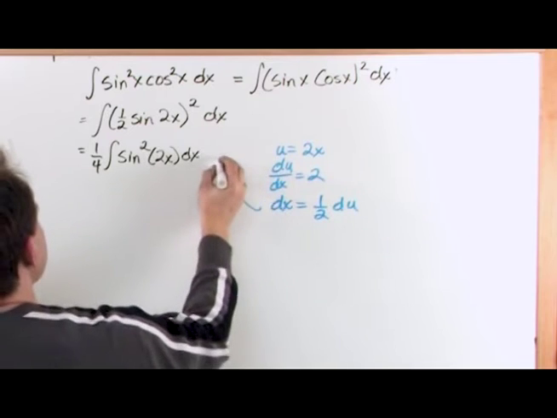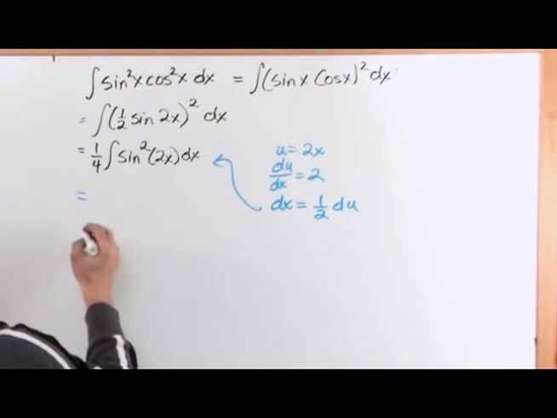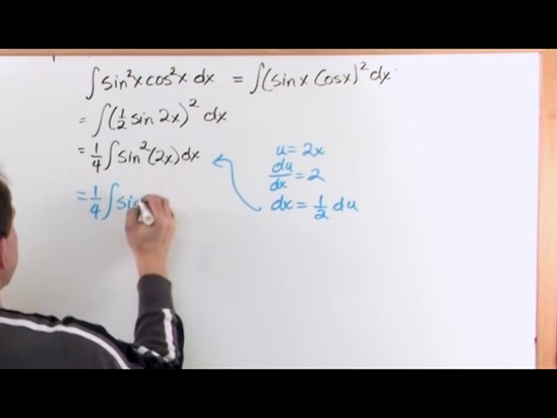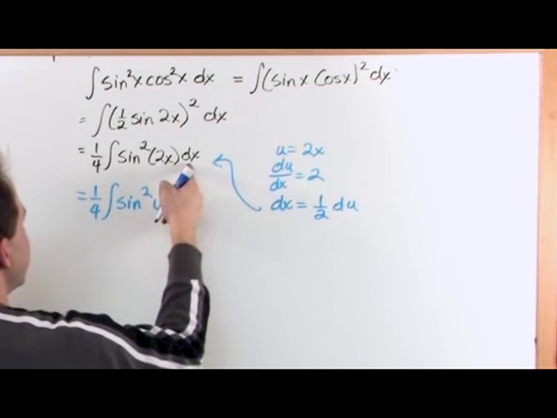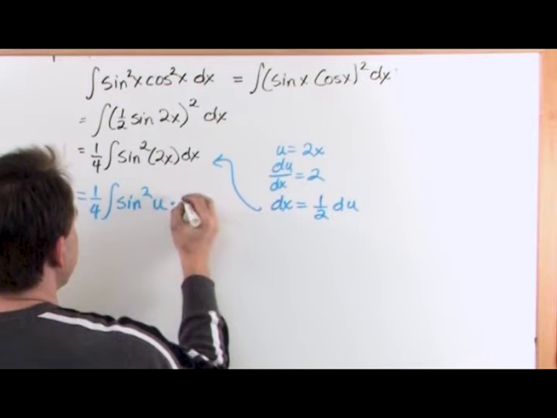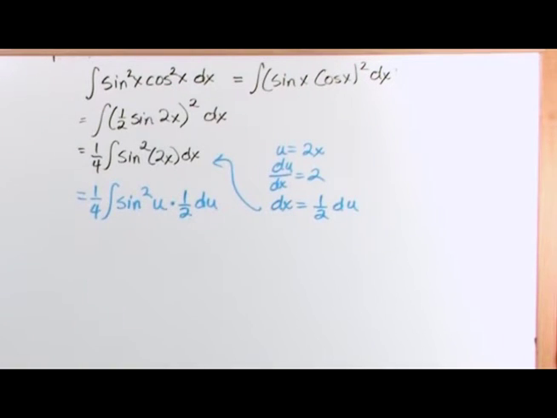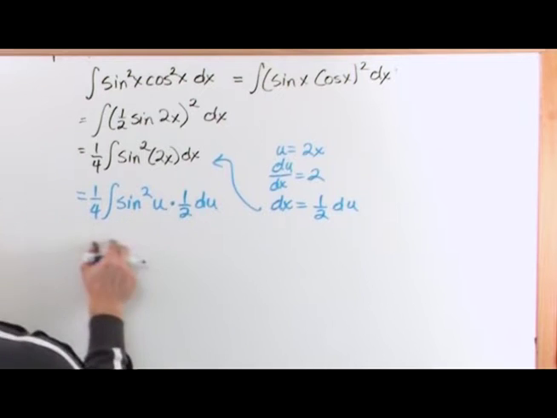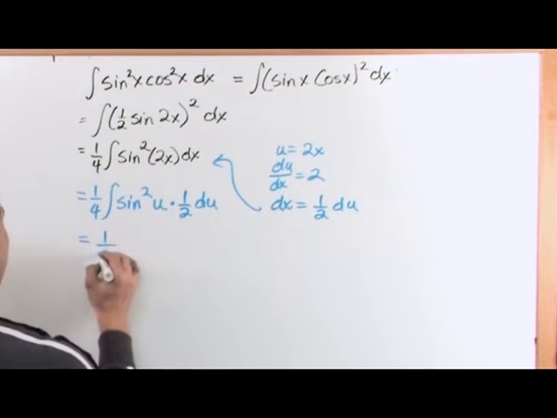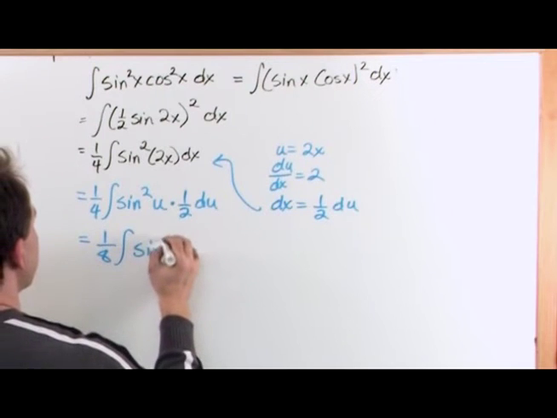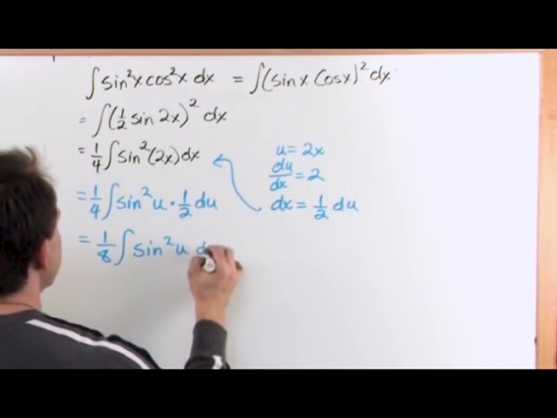Now let's plug that in. It's 1/4 times the integral of sine squared of u dx, but I need to substitute, so I'm going to have 1/2 du. Now let's pull out the 1/2. I'm going to have 1/8, since 2 times 4 is 8, times the integral of sine squared u du.